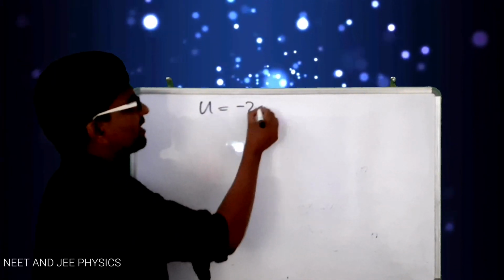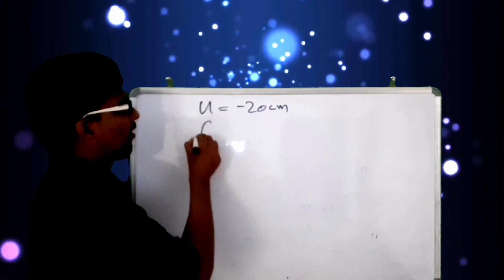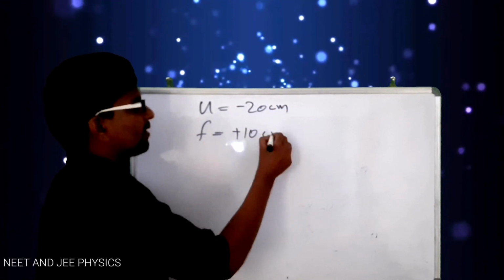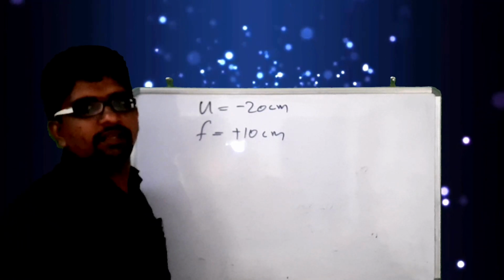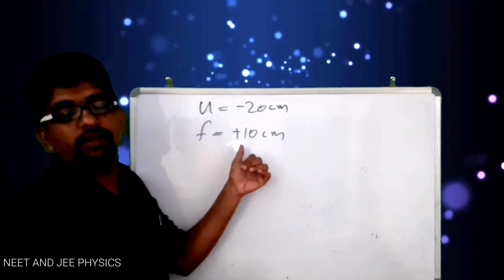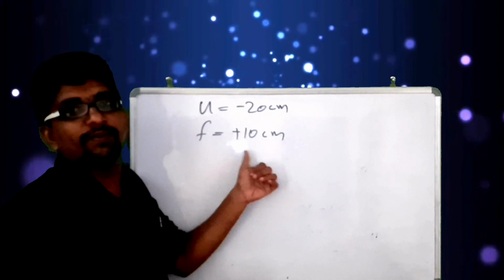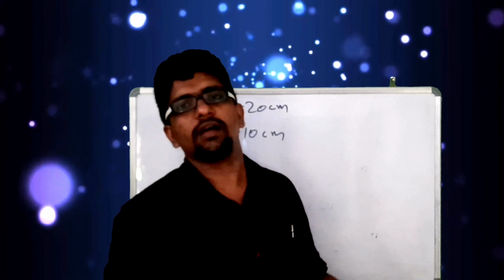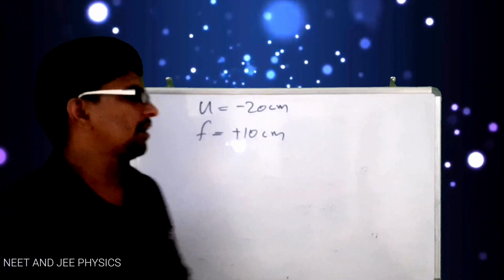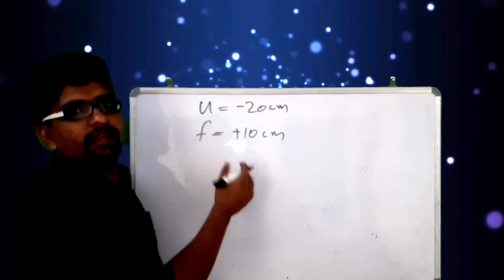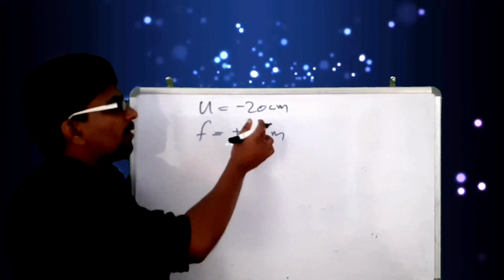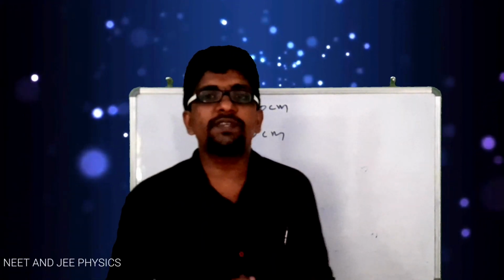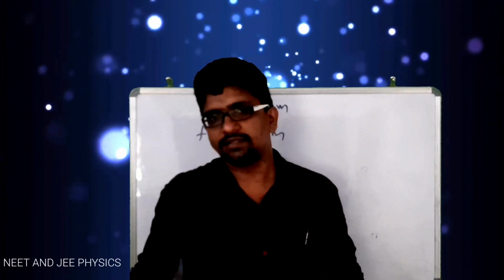In this case, the object distance u is minus 20 centimeter and focal length is plus 10 centimeter. The focal length of a convex mirror is positive because the image is formed behind the mirror, so as per the sign convention that is positive. But object distance is always negative in the case of all types of mirrors and lenses.